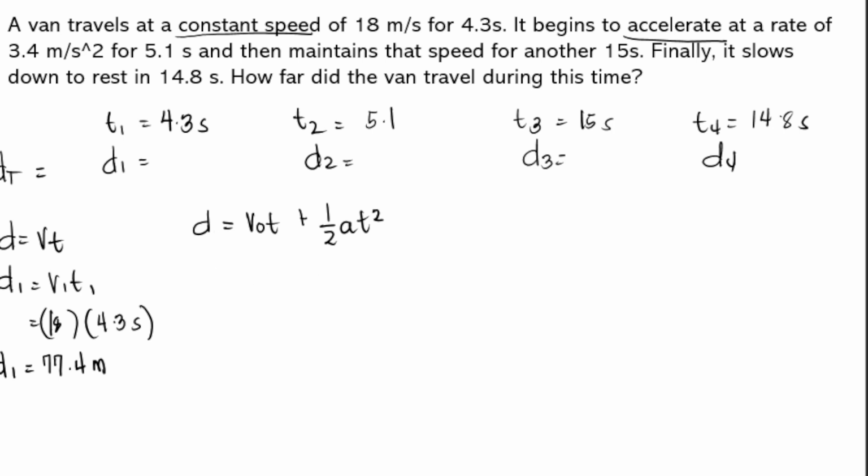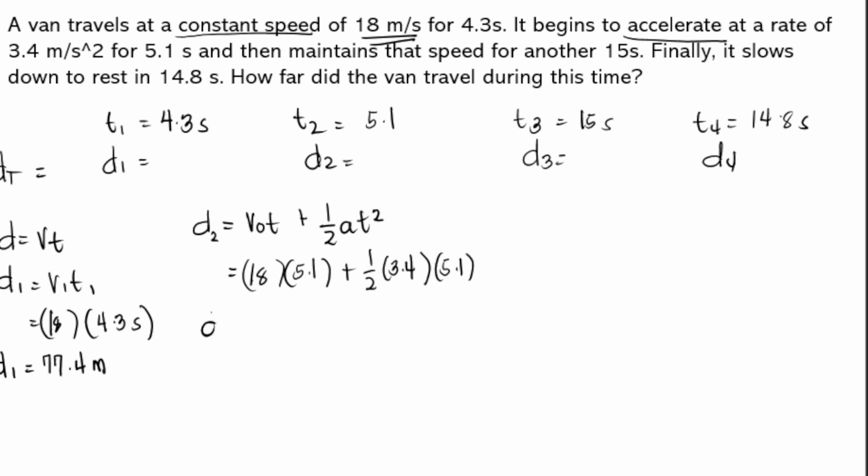Okay, so this is d2. So ang v naught natin would be 18 meters per second pa rin. So 18 multiplied by the time, which is 5.1 seconds, plus 1/2, we are given with acceleration of 3.4 and then the time of 5.1 seconds, squared.